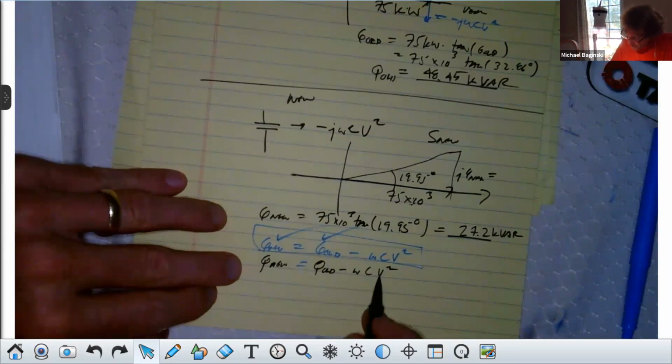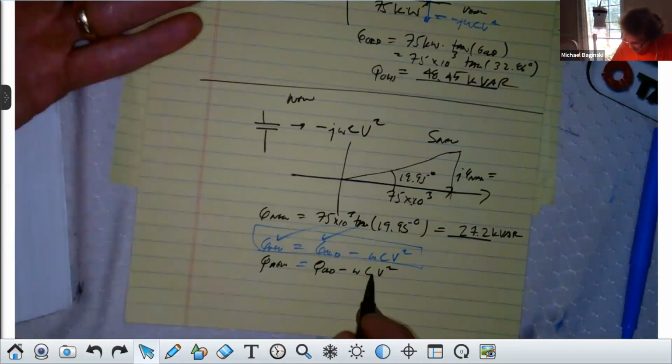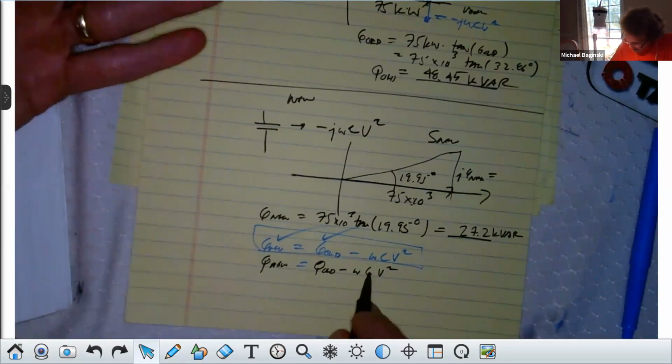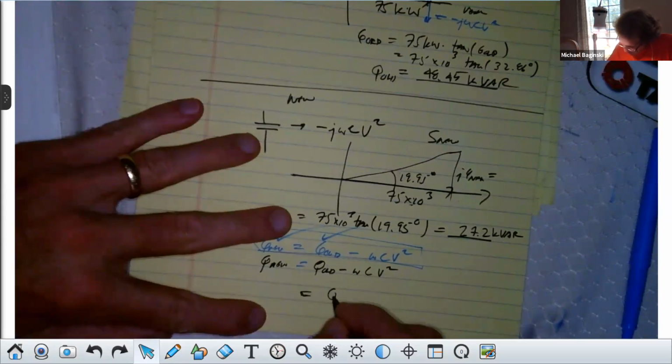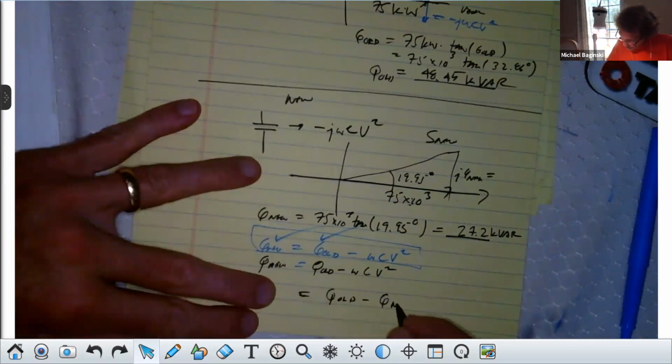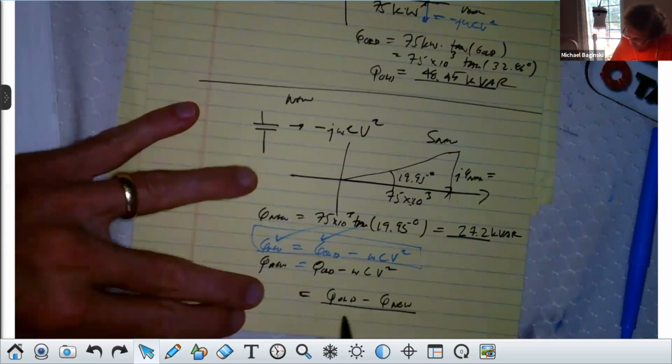But we're after C, so what do you see we do here? I can take this to this side and this to this side. So I can say Q old minus Q new would be equal to omega C V squared.